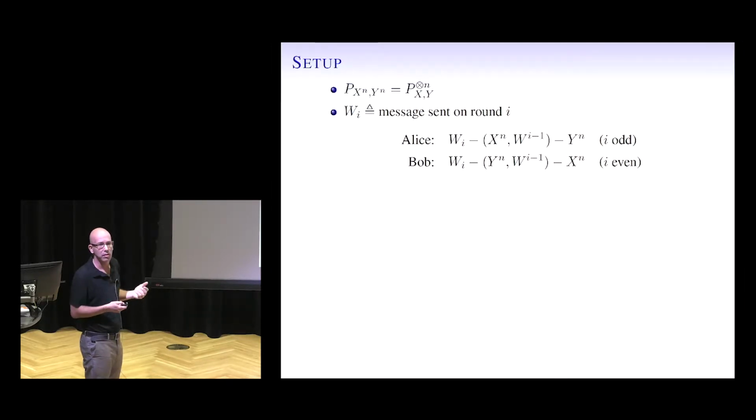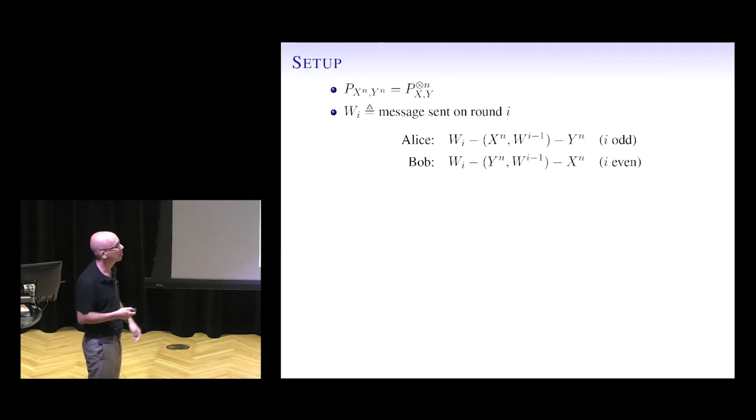Imagine Alice is speaking first, so Alice speaks on odd rounds. Basically, Alice computes W_i as a function of X^n, which is her input, and W^{i-1}, which is everything that had been said so far on the channel between them. And given that, whatever she says is independent of what Bob has.